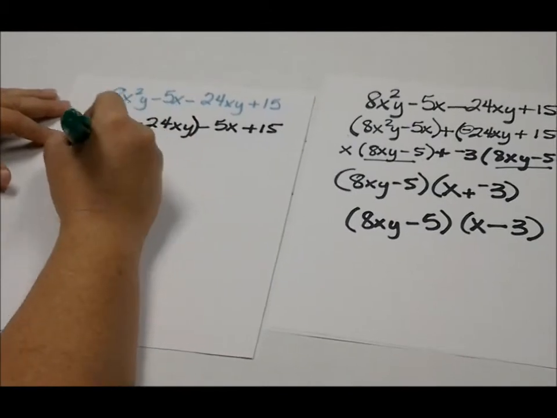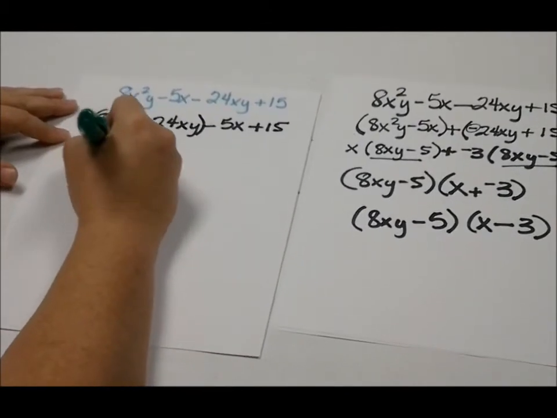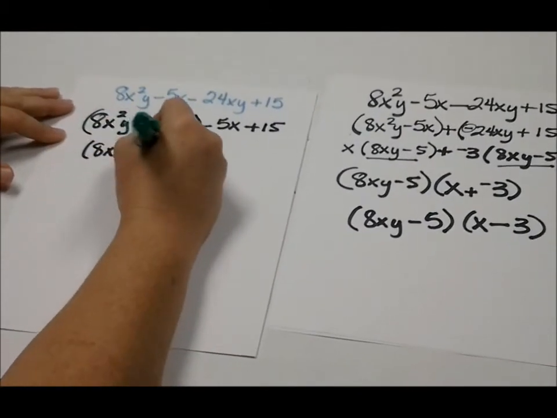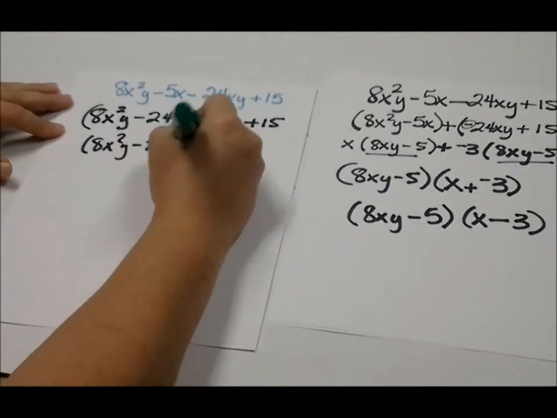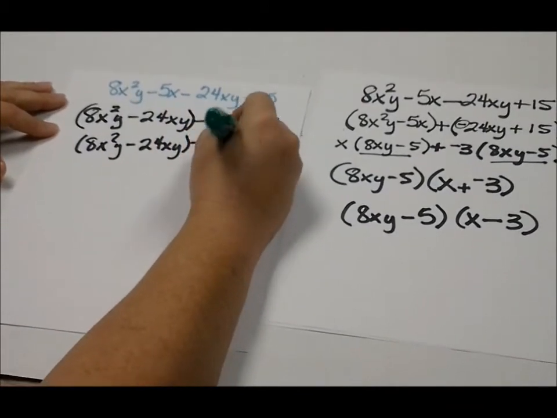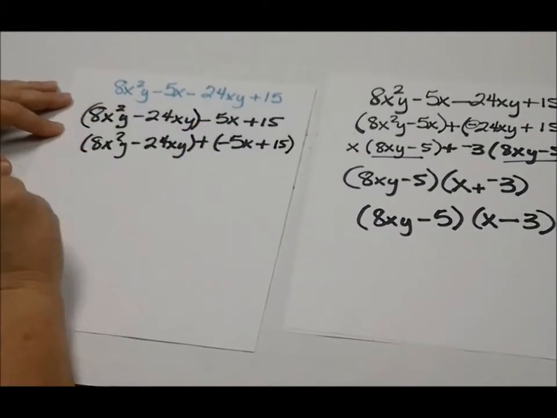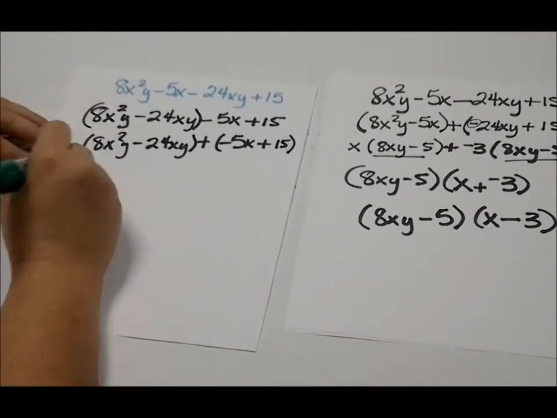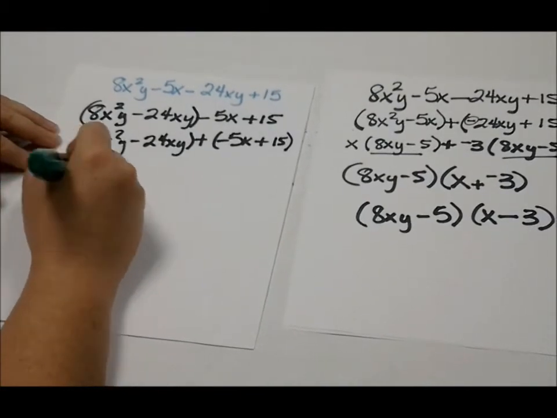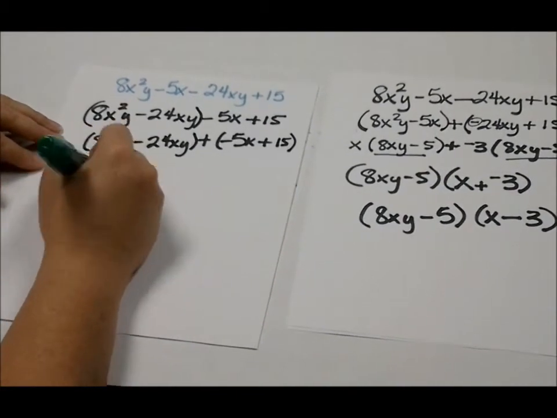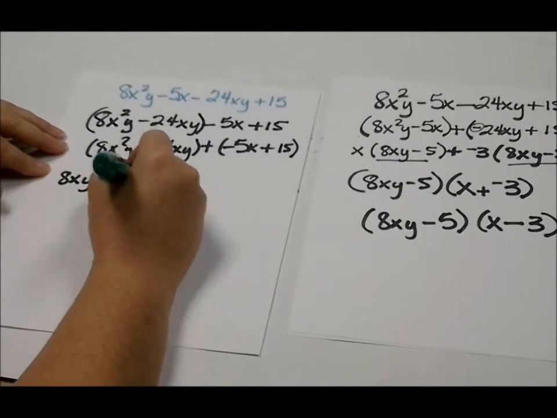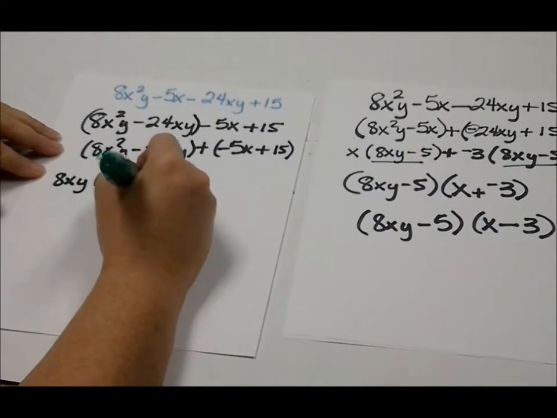In other words, I can say, okay, I have 8x squared y minus 24xy plus negative 5x plus 15. My greatest common factor here becomes 8xy, and I'm left with x minus 3.